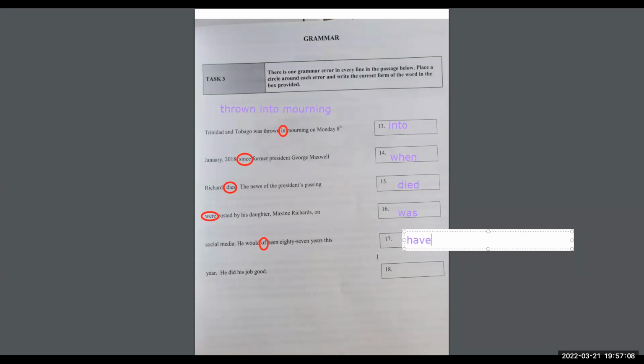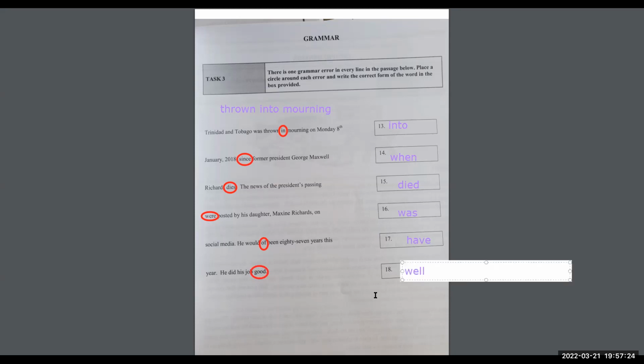And lastly, number 18. What's supposed to be well? Beautiful. So you wouldn't say he did his job good. We say he did his job well. Right? So well would be the adverb that we need to have instead of that adjective good.